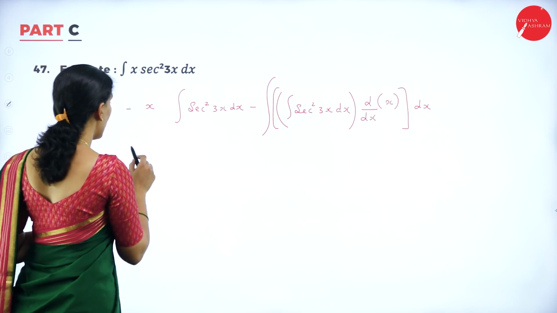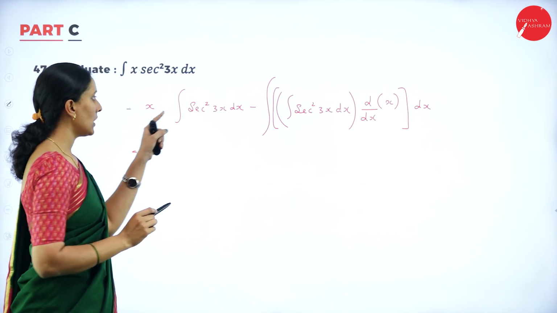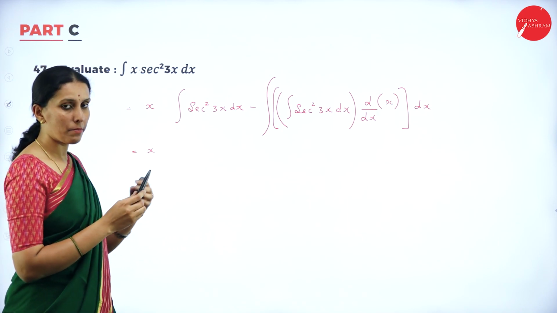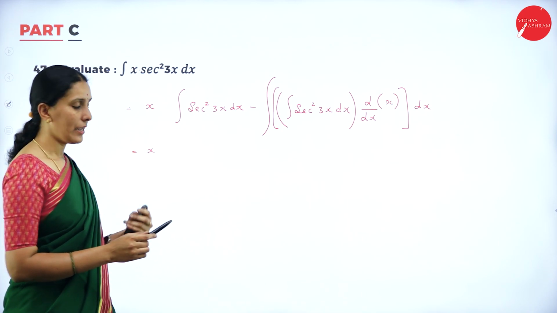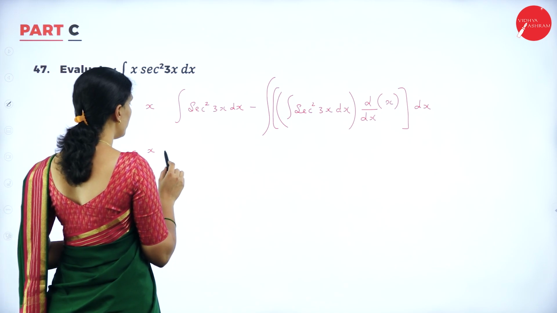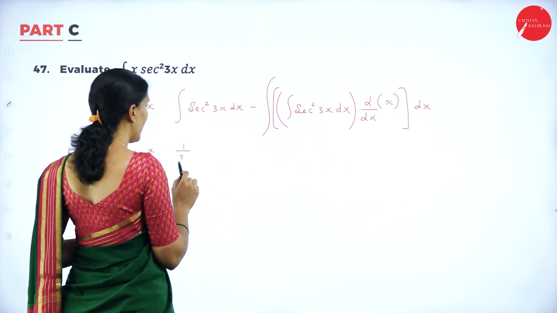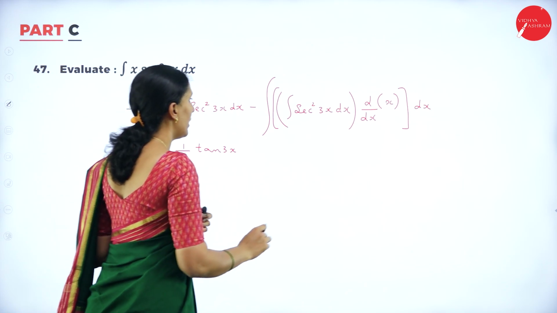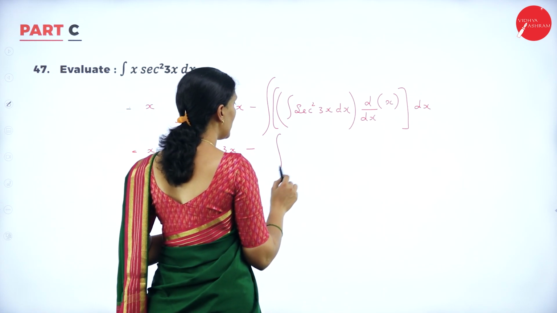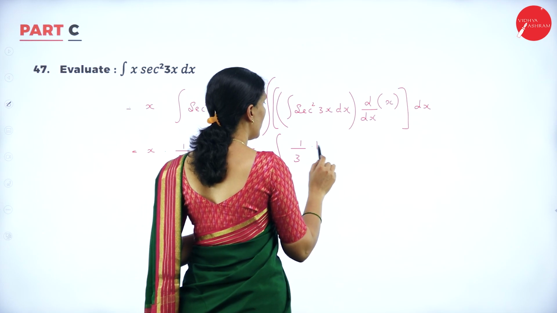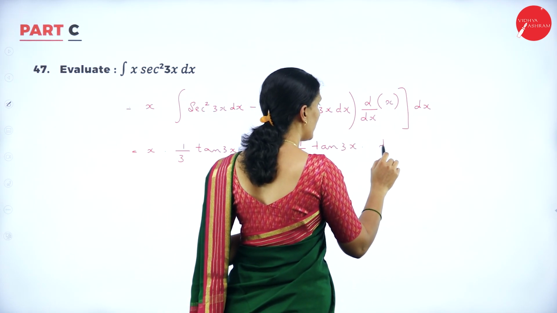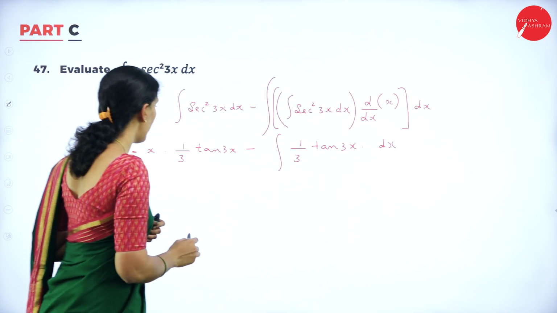So now here x we have, so this is in the form of integral of secant square ax plus b, which can be written as 1 by a tan ax plus b. So therefore this can be written as 1 by 3 tan 3x. Next here minus integral of 1 by 3 tan 3x. Derivative of x is 1, we have dx. Let me keep 1 by 3 outside.